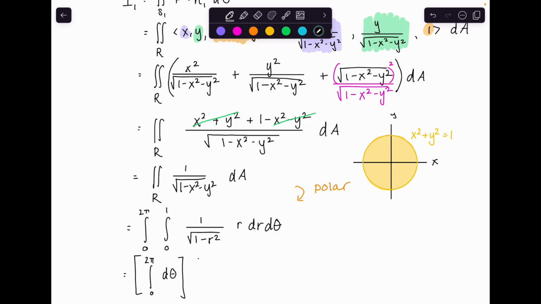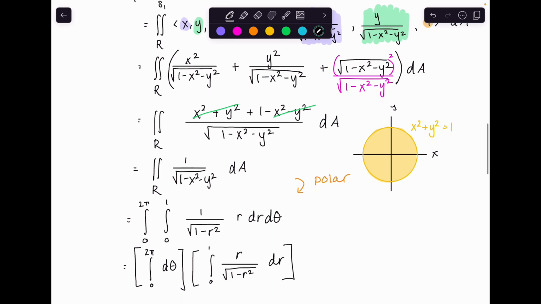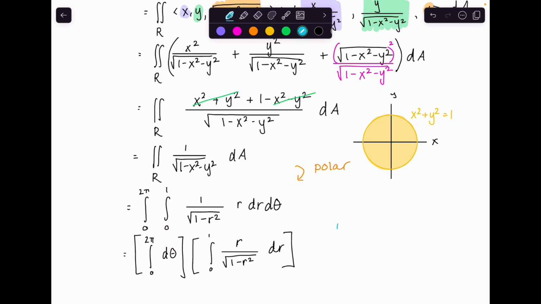And then thankfully, this r integral we can just make a u substitution for. So you get 1 over the square root of 1 minus r squared times r dr. If we let u equal the thing inside the radical, du is going to be negative 2r dr. I don't have that negative 2, so not a problem.